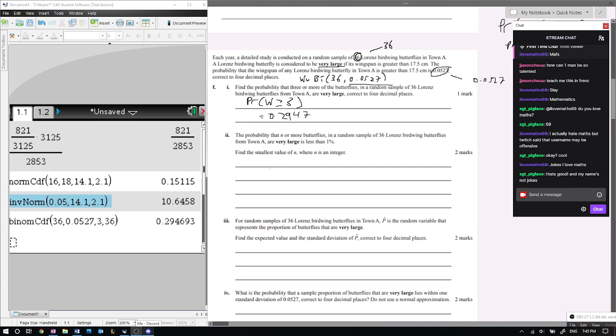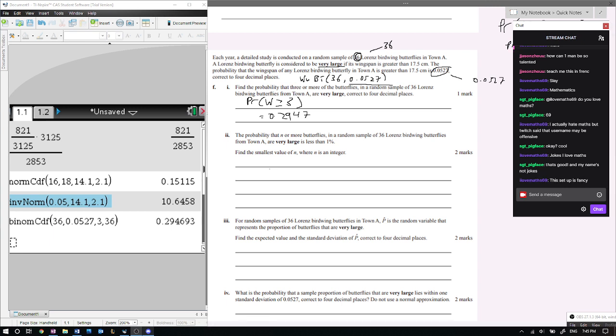Okay, moving on to question ii. We're finding the probability that n or more butterflies in a random sample of 36 Lorentz's birdwing butterflies from town A are very large is less than 1%.